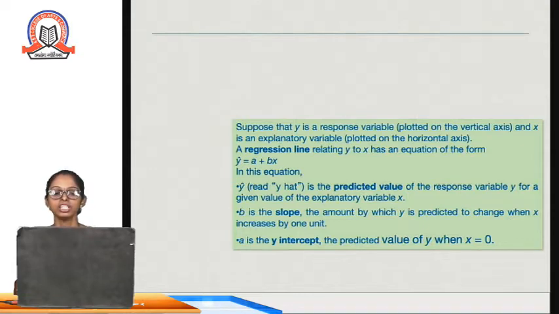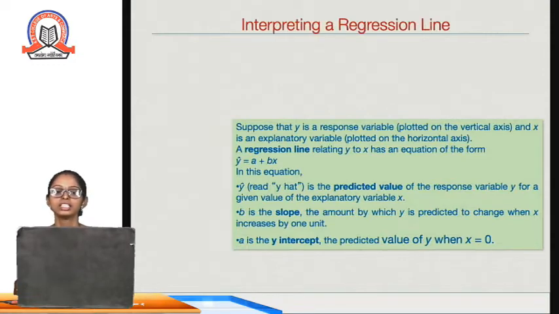In this equation, y cap, read as y hat, is the predicted value of the response variable y for a given value of the explanatory variable x. b is the slope, the amount by which y is predicted to change when x increases by 1 unit. a is the y-intercept, the predicted value of y when x is 0.